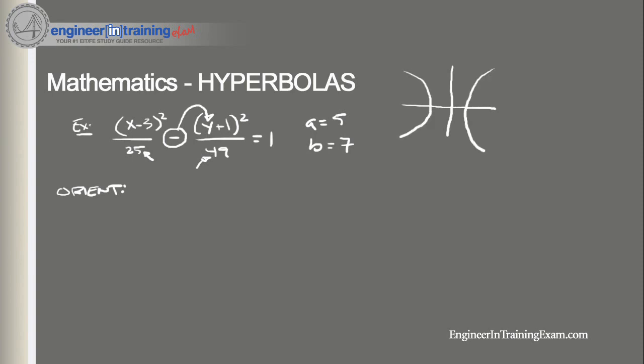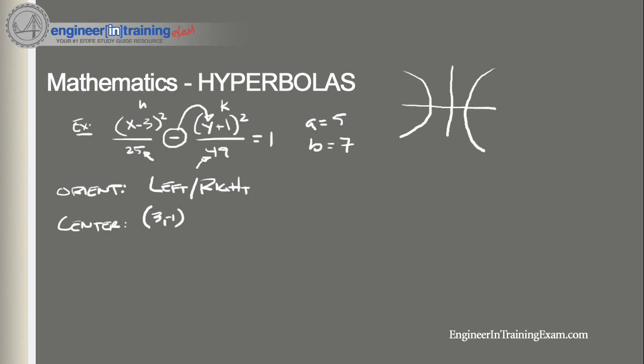This is going to be the general form, not necessarily centered on the x and y axis, but it's going to be opening left and right. So we can also see that the center of this hyperbola is going to be located at 3, 1, because we know this is h and we know this is k. So it's going to be located at 3, sorry, not 3, 1, 3, negative 1.